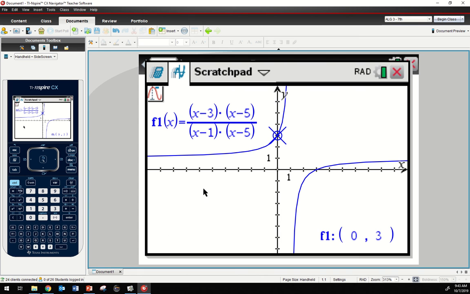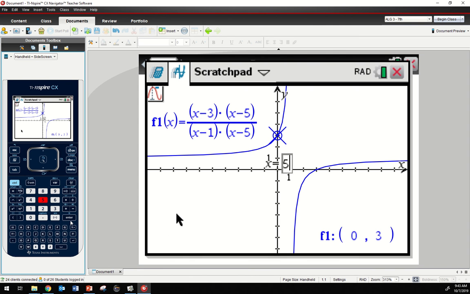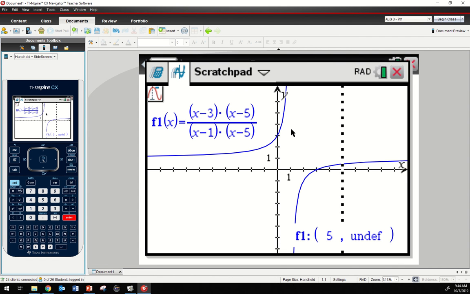Now I'm just going to plug in the number 5. And right here, it is undefined at that point. But the graph doesn't show an open dot here. You just have to understand that from here, it is going to be undefined. But can you clearly see the asymptote at +1? Yes. So if it's non-removable, you're probably going to get an asymptote there.